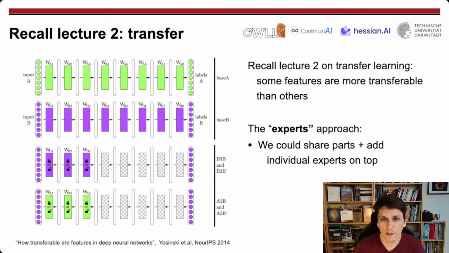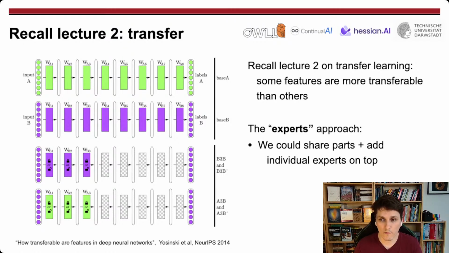We can recall very briefly that this is a little bit inspired by maybe the transfer learning that we've seen in lecture 2. So there we've also already asked ourselves the question that if we have, for example, a deep neural network, which of the representations we already have are leverageable for the new task, which of the ones interfere maybe explicitly, and which of the ones that we already have maybe just don't give us any advantage.